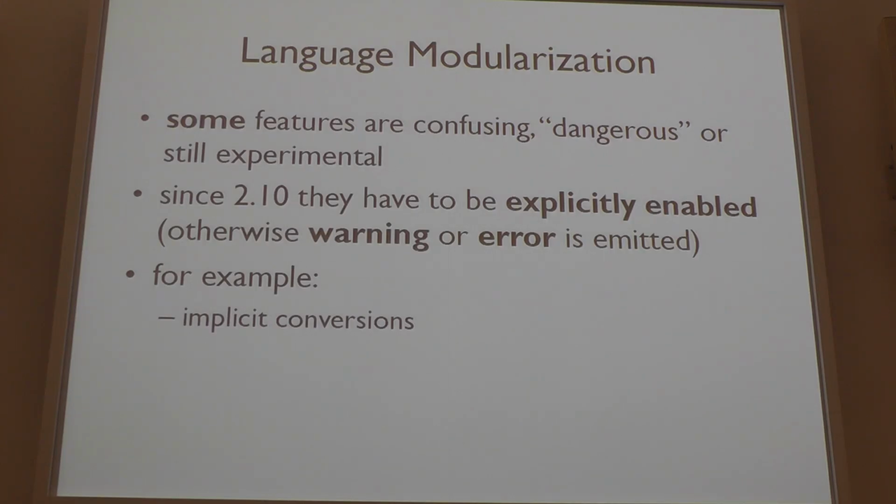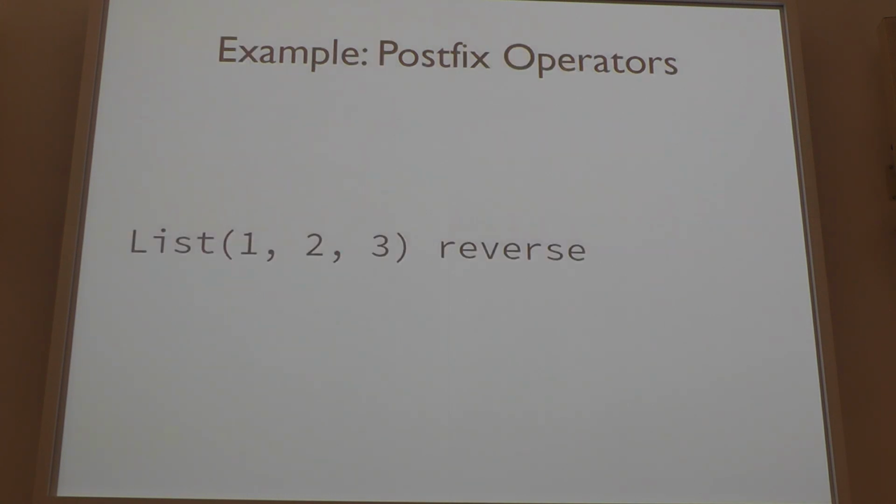An example of such a feature is implicit conversions or macros, which are new in Scala 2.10. Here's another example, postfix operators. You can see a postfix operator here.